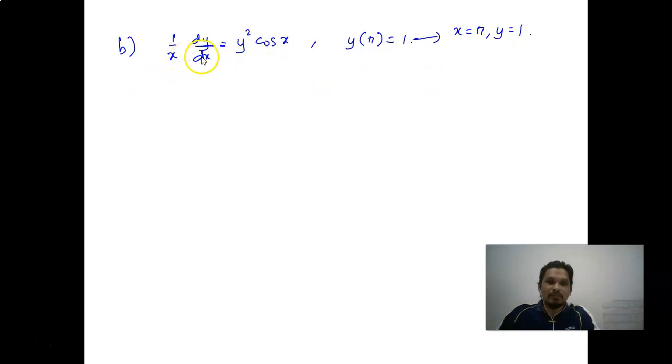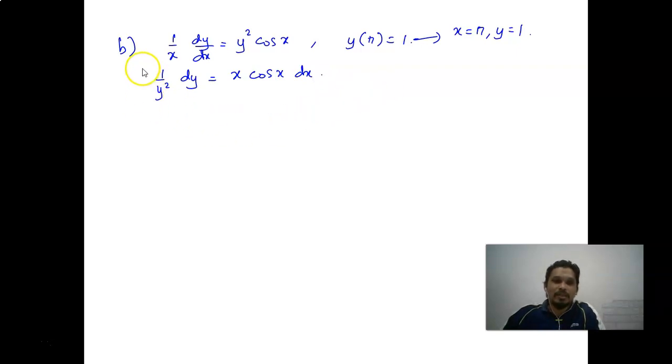So from here, we bring y squared to the other side and it becomes 1 over y squared dy equal to x multiplied with cos x dx. So integrate left and right. Integral of y to the power of negative 2 dy equal to integral of x cos x dx.